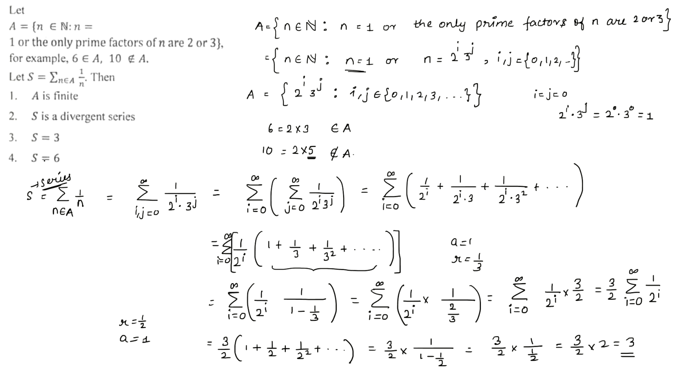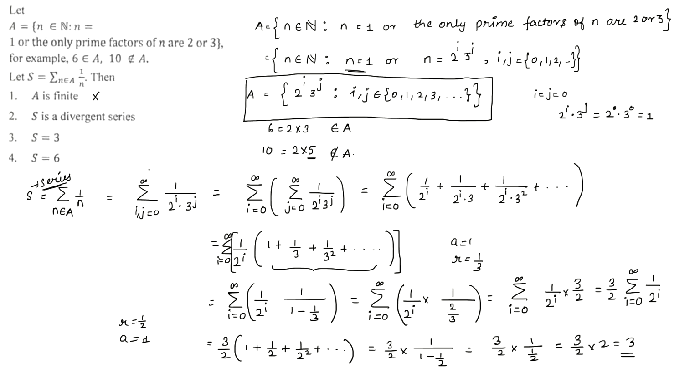Now if we look at the options, the first option is A is finite. We obtained set A as the set of all elements of the form 2 raised to i into 3 raised to j such that i and j belong to 0, 1, 2, 3 and so on. So this set is basically an infinite set, so option 1 is wrong. Option 2 is S is a divergent series.